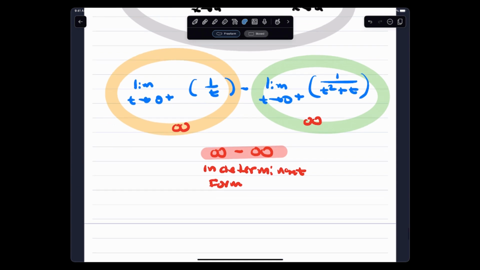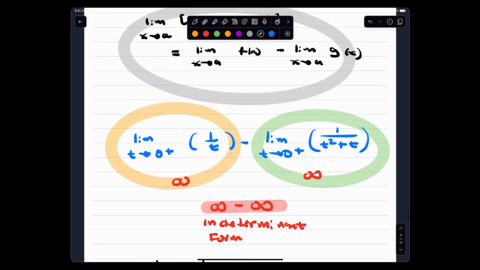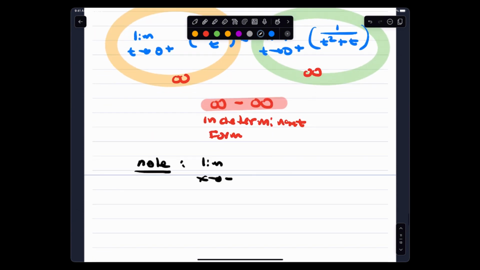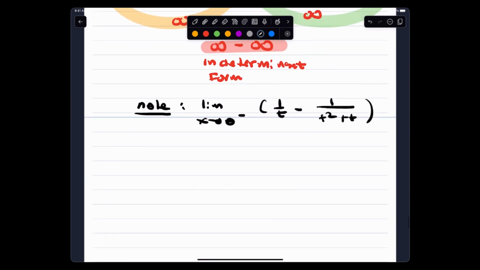All right, now, I just want to give you a quick note on this. When you're looking at the left-handed limit of the same question, as you're going to 0 from the left, you're going to get negative infinity plus infinity.